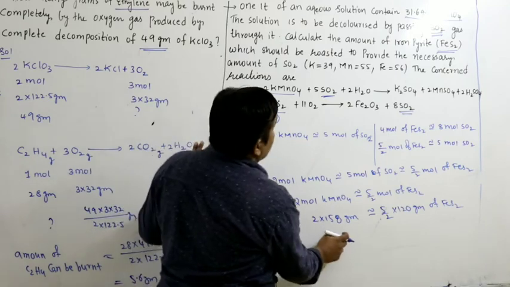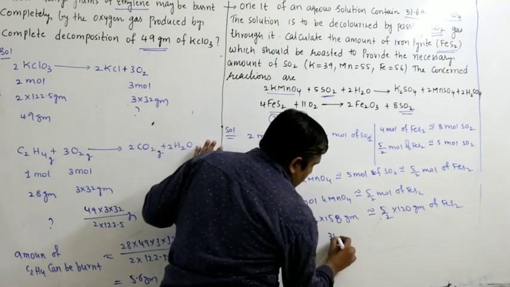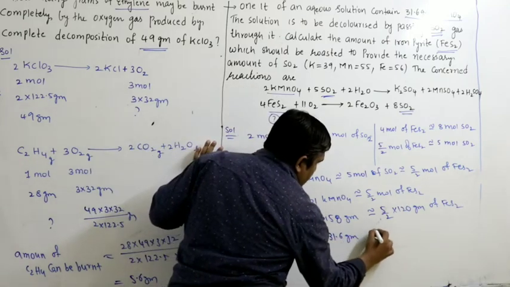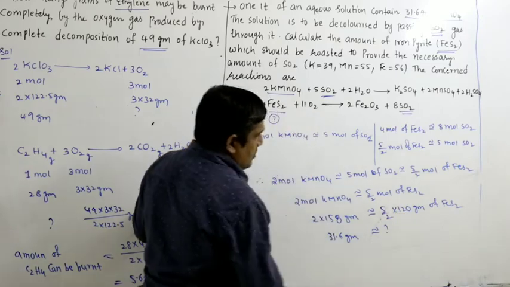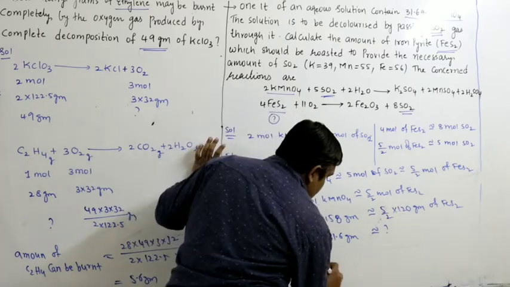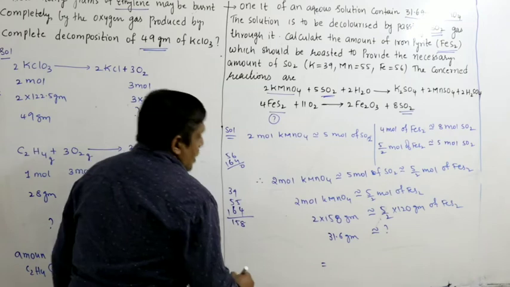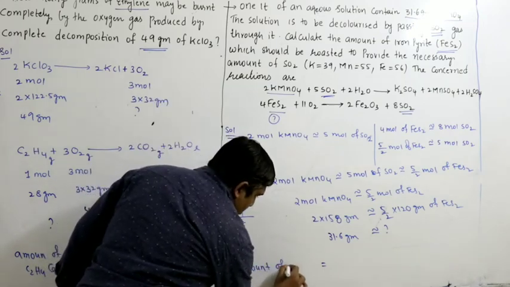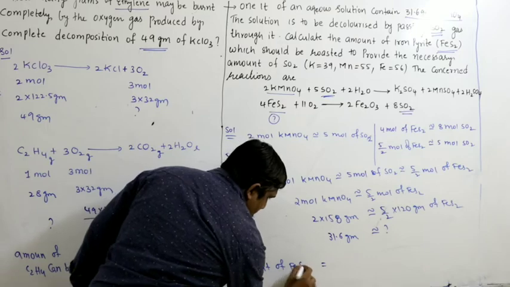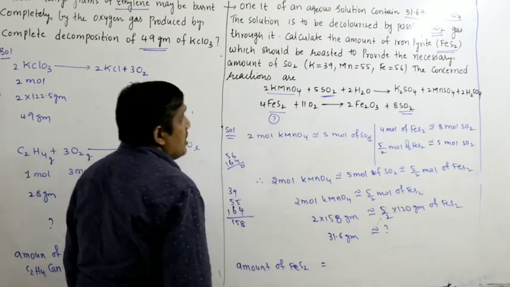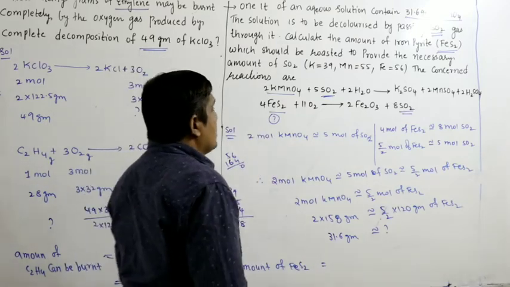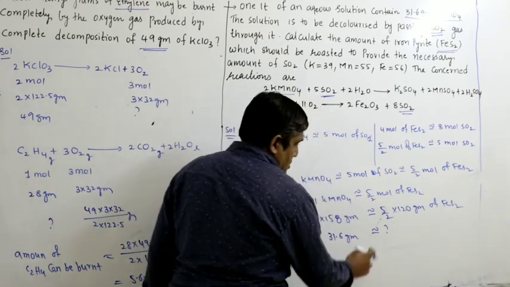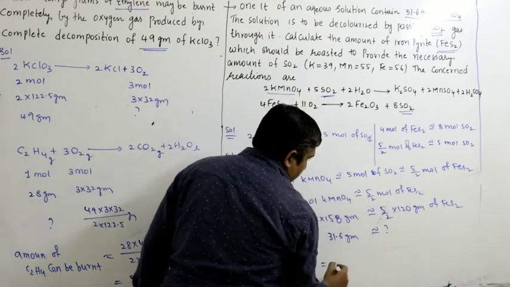But actually how many grams of KMnO4 are available? Only 31.6 grams. How much you will get? So this is equal to the amount of iron pyrite, FeS2, that should be roasted, right? So cross multiply.